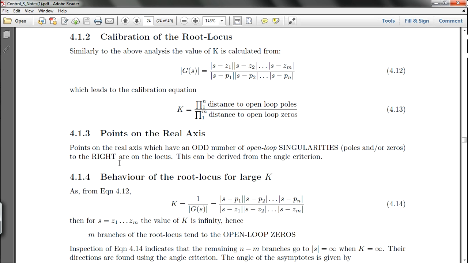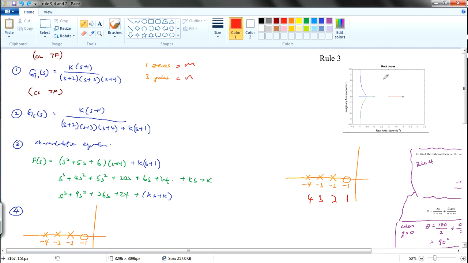So as you can see, it says that the odd number of open loop singularities to the right are on the locus. But as you can see, to the right are not on the locus. Actually, it is to the left that is on the locus. Okay, this is something I need to verify. But nonetheless, you have that mindset.